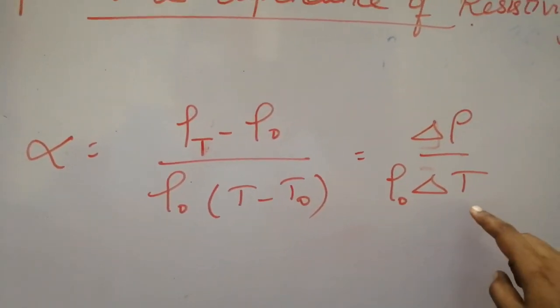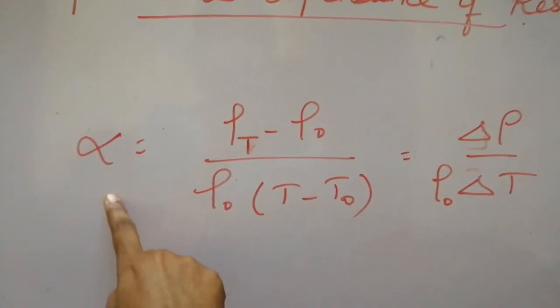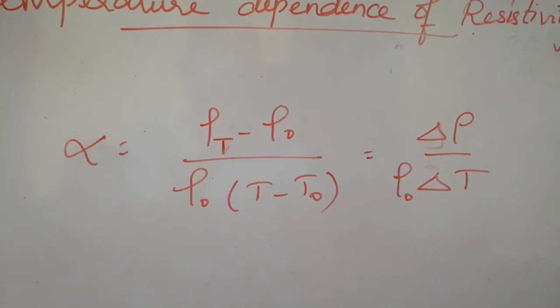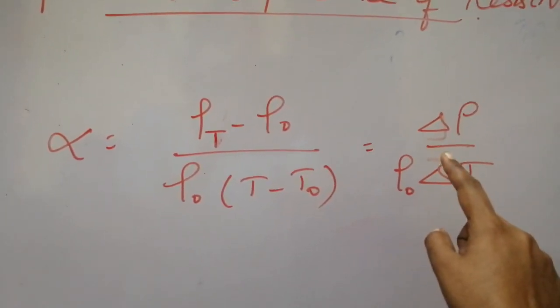So it is increase in the resistivity, it is called the alpha, right? So temperature coefficient of resistivity is defined as the ratio, if you have division you have to write it as ratio, right?